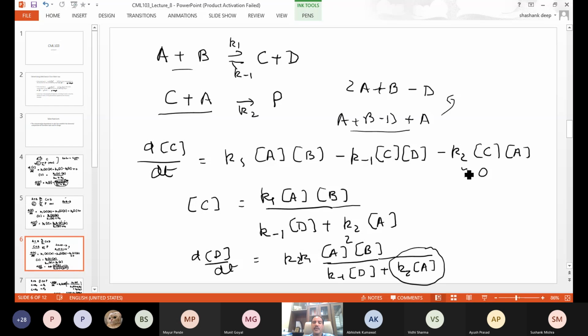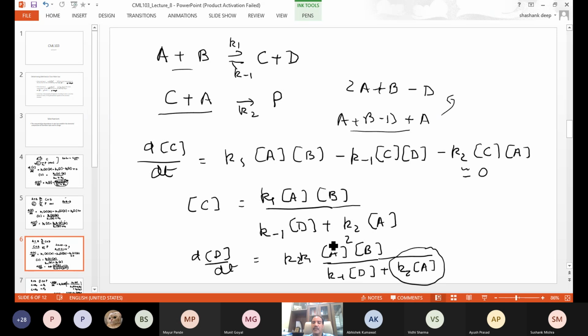So C is equal to K1 AB divided by K minus 1 D plus K2 A. And now you can write dP by dt is equal to K2 K1 A square, because this will be K2 into C into A. All right, dP by dt is K2 into C into A. C is this, multiply by A, you will get A square B over K minus 1 D plus K2 A.